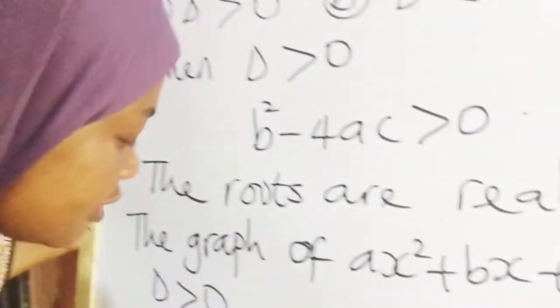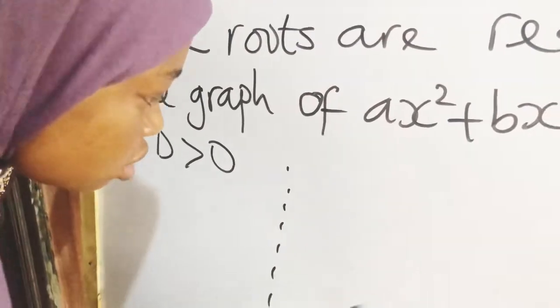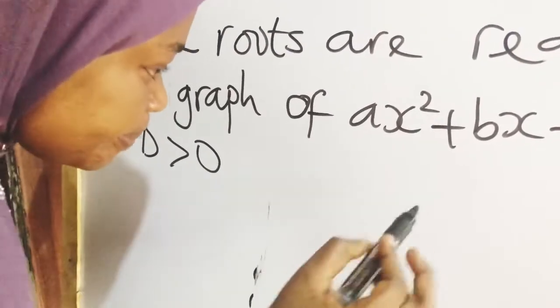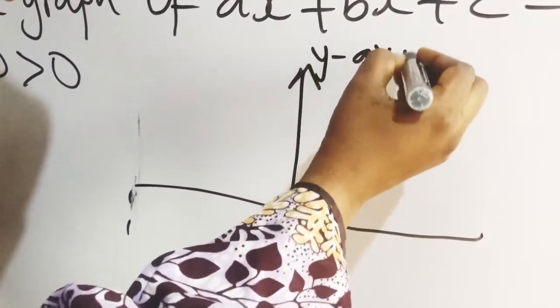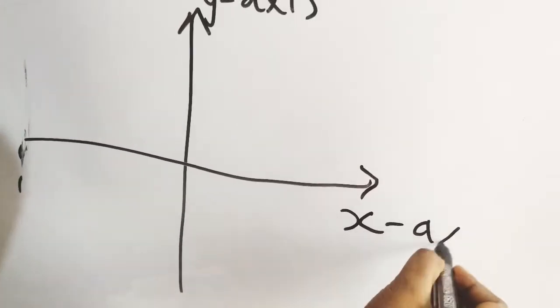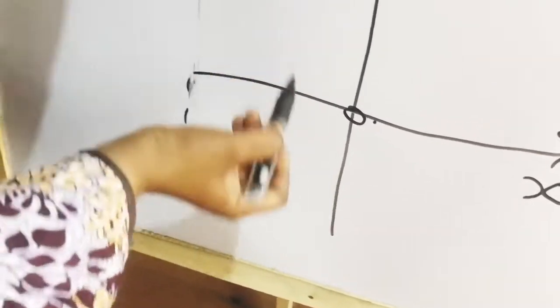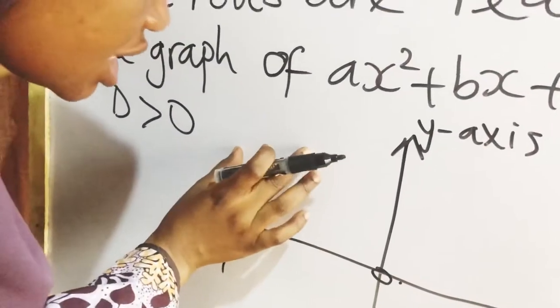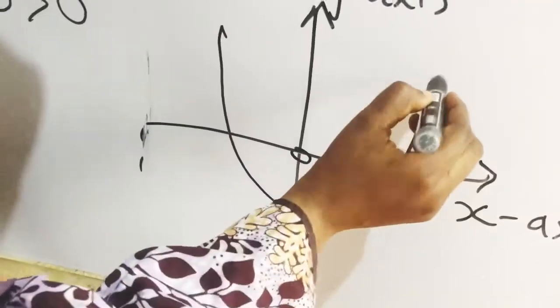Let's draw the graph. Here is the y-axis, and here is the positive x-axis. Here is the center. If you draw a quadratic equation on the graph, it gives us a U shape.